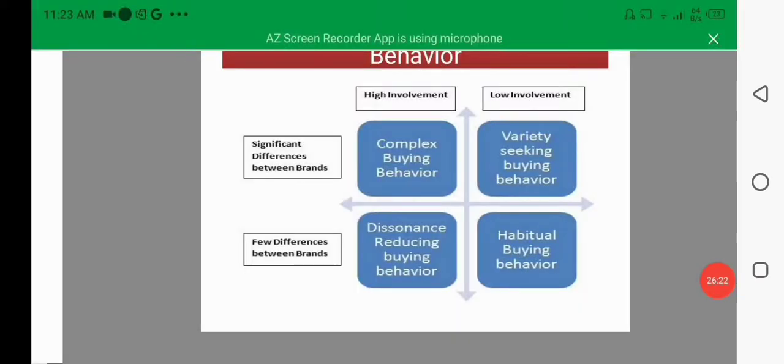So as we were discussing the buying behaviors, there are four types of behavior a consumer shows when making a purchasing decision: complex buying behavior, habitual buying behavior, dissonance reducing buying behavior, and variety seeking buying behavior. Consumer buying decisions mostly depend on the consumer's behavior.